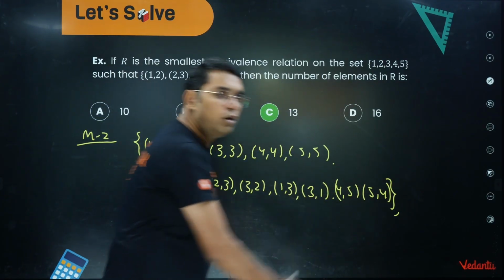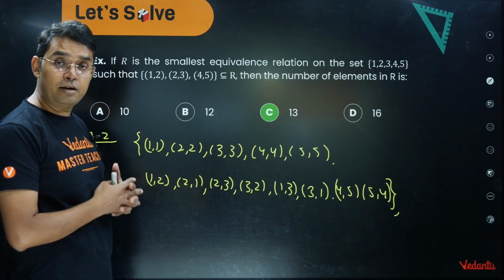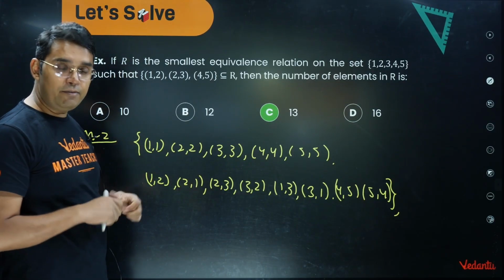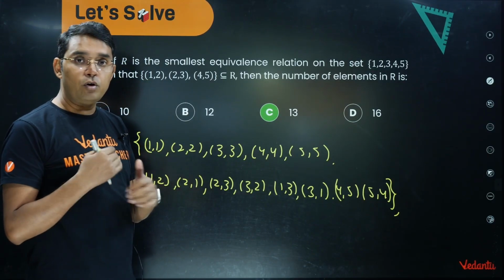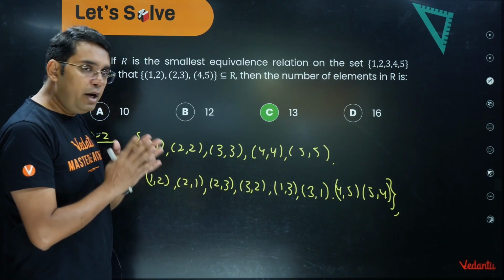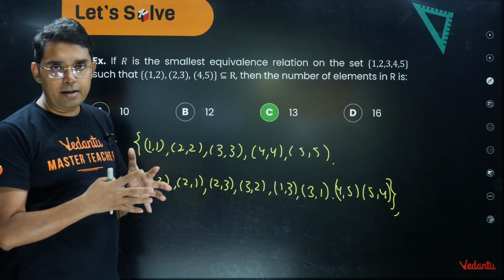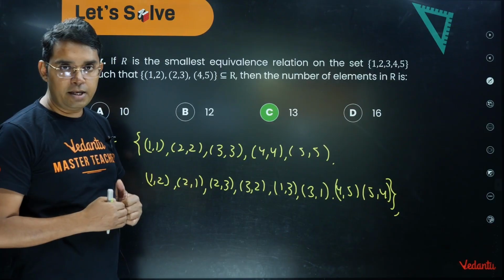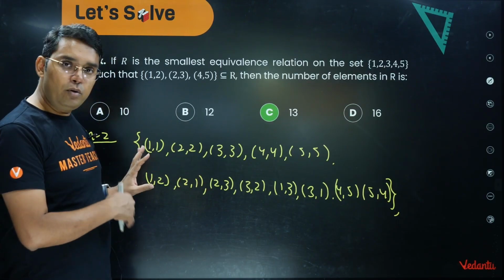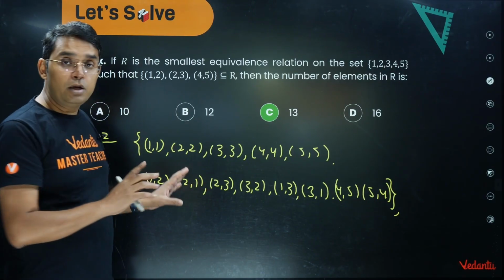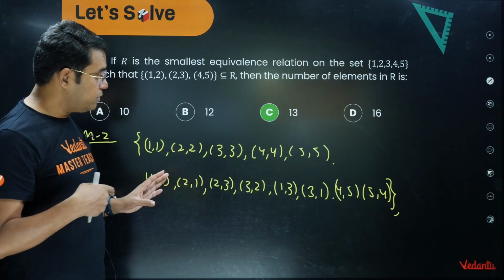This is actually the same thing which we did in method 1, but there we had a little bit of knowledge of the concept of equivalence class. So it was more systematic, with less chance of calculation error. But here we are doing the same thing without considering the equivalence class.